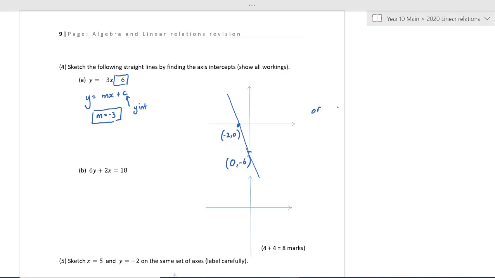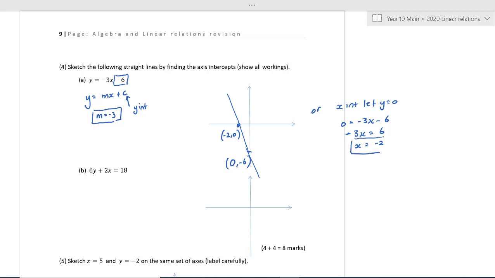Or we can say that for the x-intercept, we let y equal 0, and we solve for x. So 0 = -3x - 6. Let's add 6 to both sides. So we've got -3x = 6, dividing both sides by -3, x = -2.